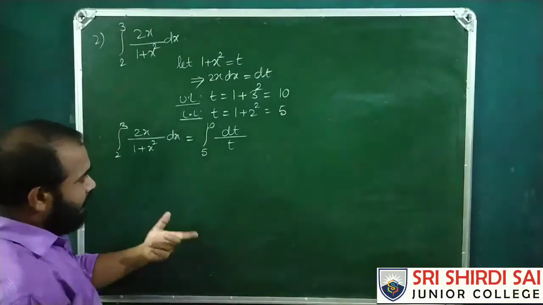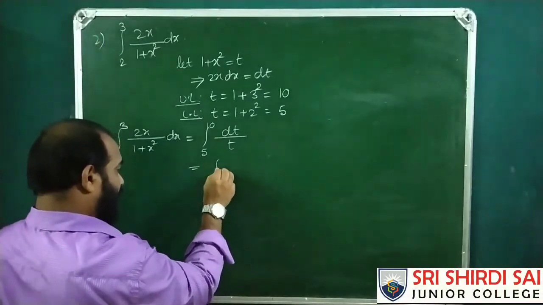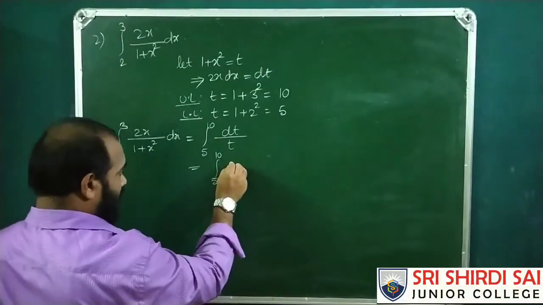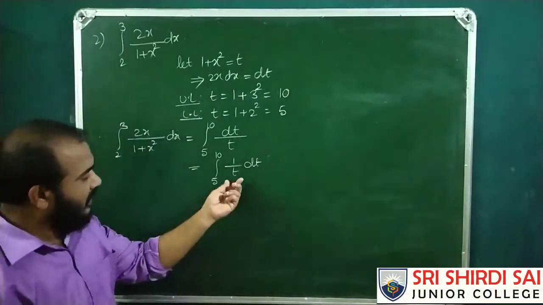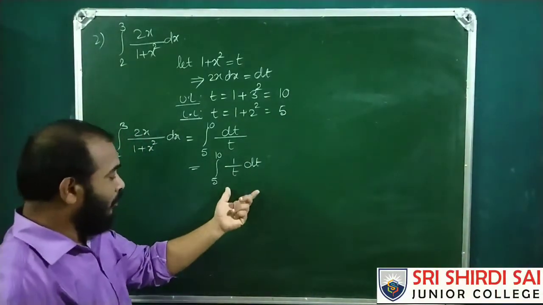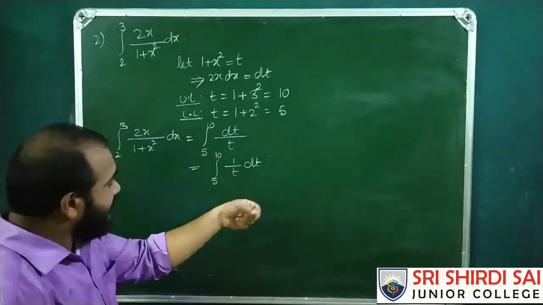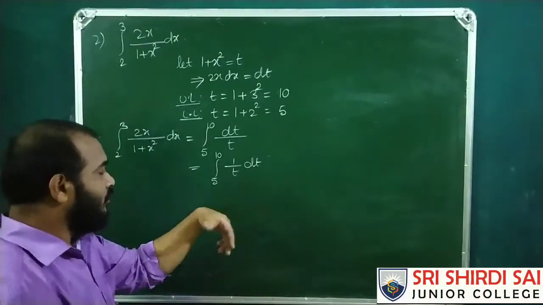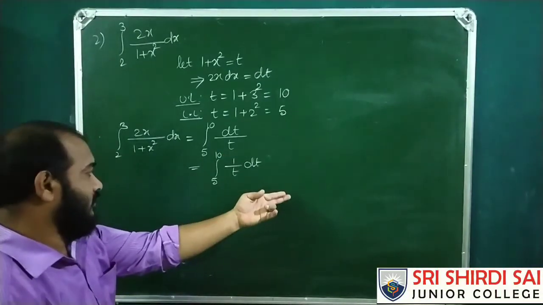So this is of the form 5 to 10, 1 by t dt. This t is a dummy variable, because a definite integral has nothing to do with the variable. So there is no difference if it is integral 1 by x dx.